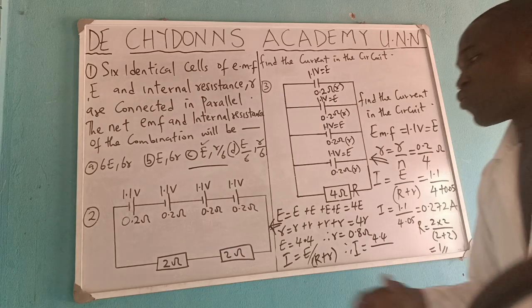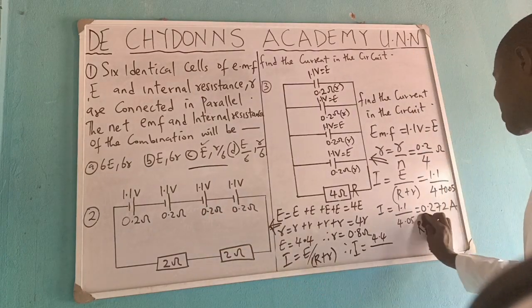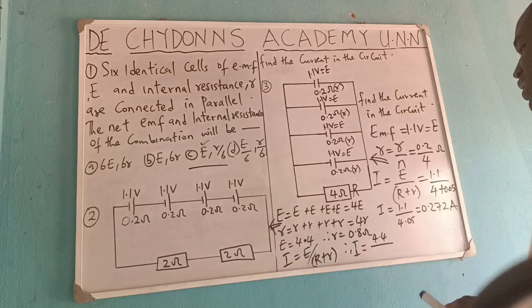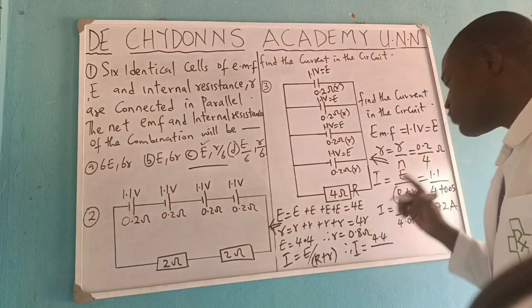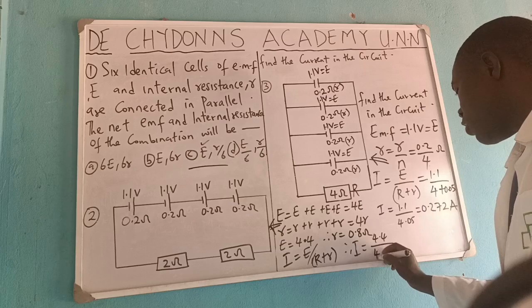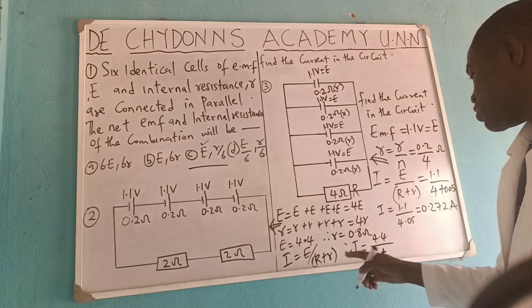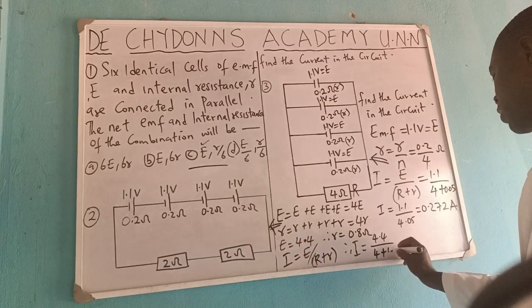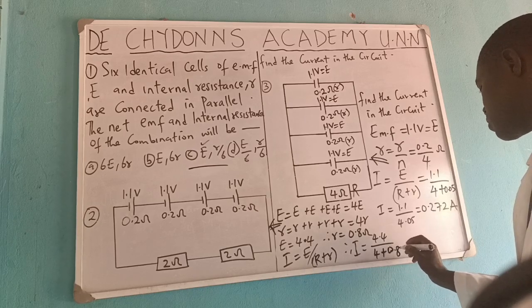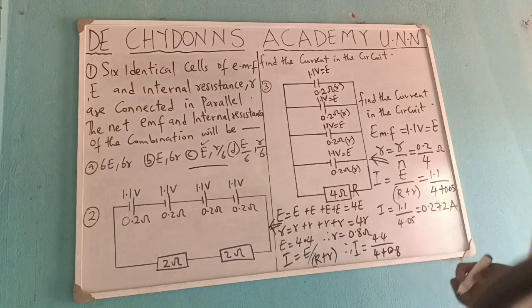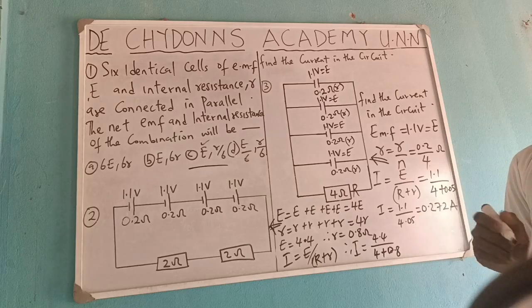But in this case, we are having them in series. So you just add them. This plus this is 4. You have it as 4 plus, what is your R? R is 0.8. So you will be having 4.4 all over 4.8.